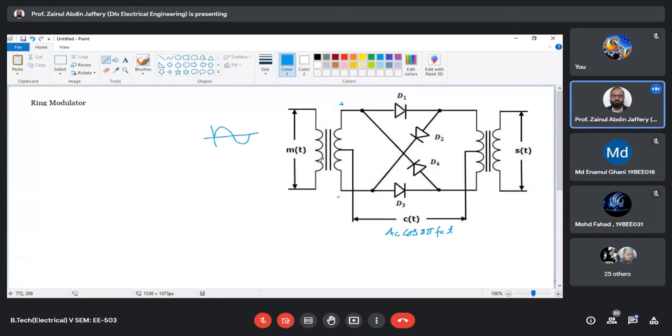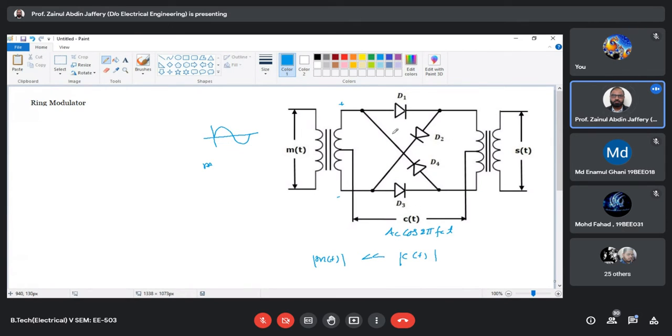We assume that this modulating signal is small, the magnitude of this m(t) signal is much less than the magnitude of the c(t) signal. So that means in switching the diode, the carrier signal plays the only role.